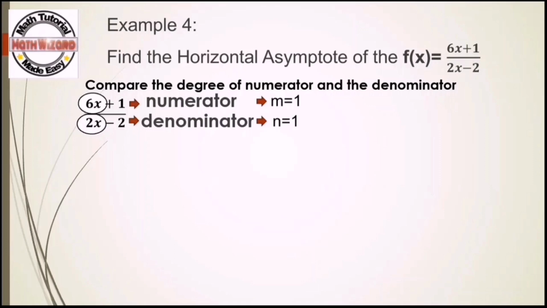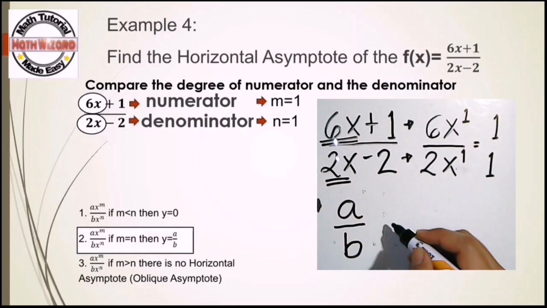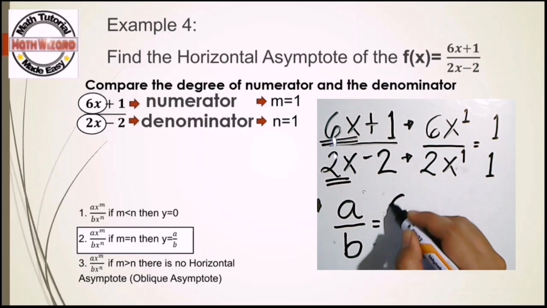So as we can see, m is equal to 1 and n is equal to 1. Therefore, the theorem that we are going to use is the second theorem. Okay. So if m is equal to n, then y is equal to a over b.